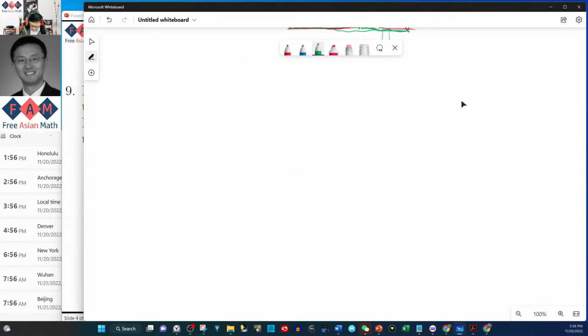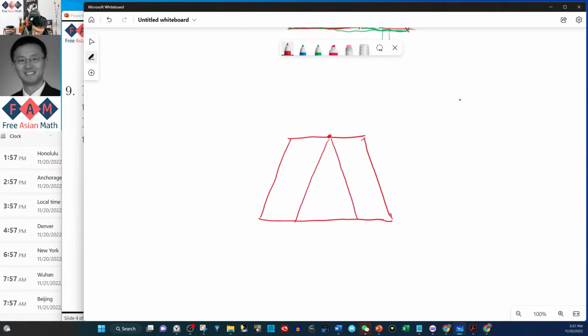Let's think about this problem. So we have a trapezoid. We know the top is 6 and the bottom is 8. So the top is shorter. Of course, I'm not drawing it perfectly in terms of exact numbers, so not to proportion. Okay, so you have this, and then you have intersections like this.